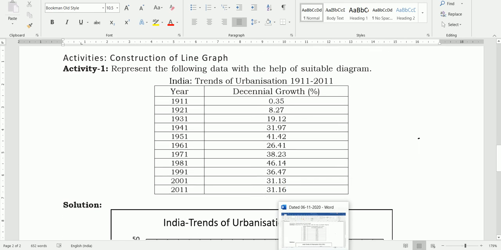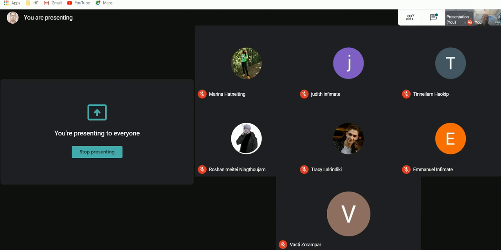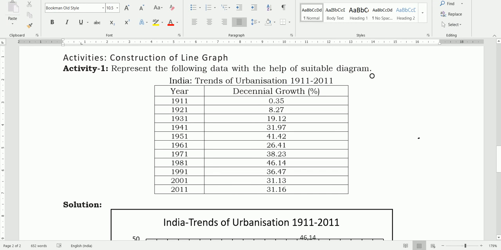Here we have the data of population growth, about the trends of urbanization, which means growth of urban population.